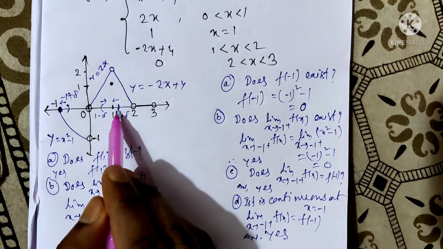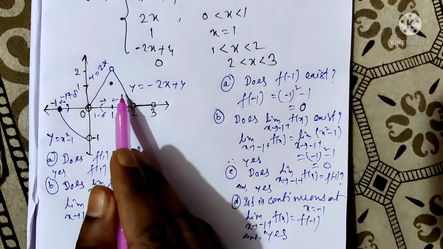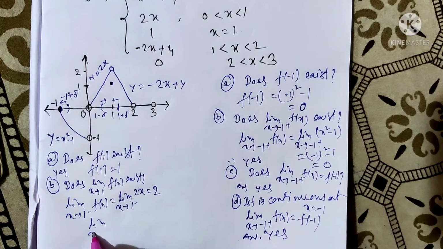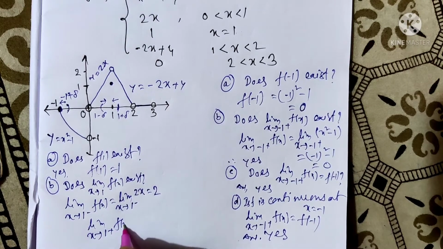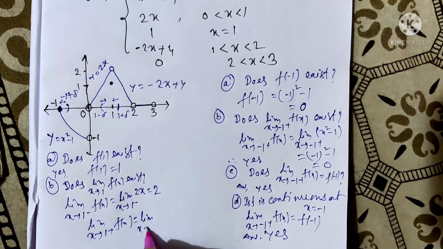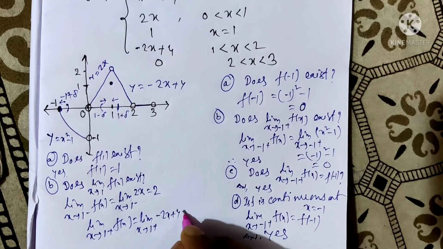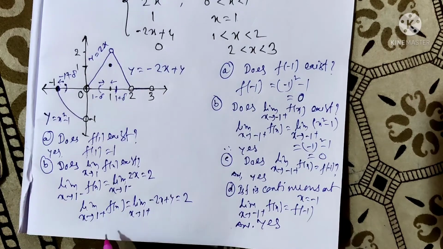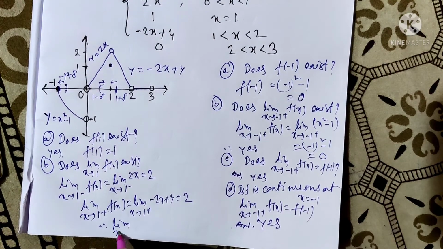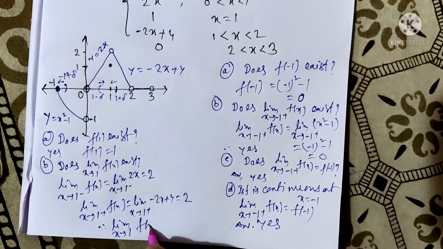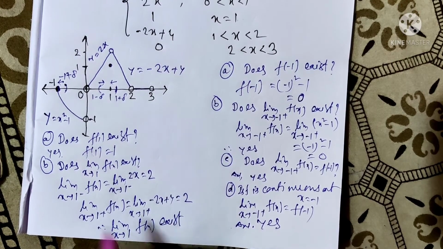From 1 to 1 plus delta, it is minus 2x plus 4, so the limit as x tends to 1 plus of f(x) equals the limit of minus 2x plus 4, which equals 2. Therefore the limit as x tends to 1 of f(x) exists, because the left and right limits are both equal.